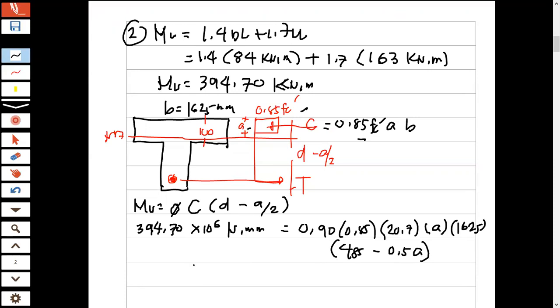Using your calculator, you can compute that a is equal to 32.73.